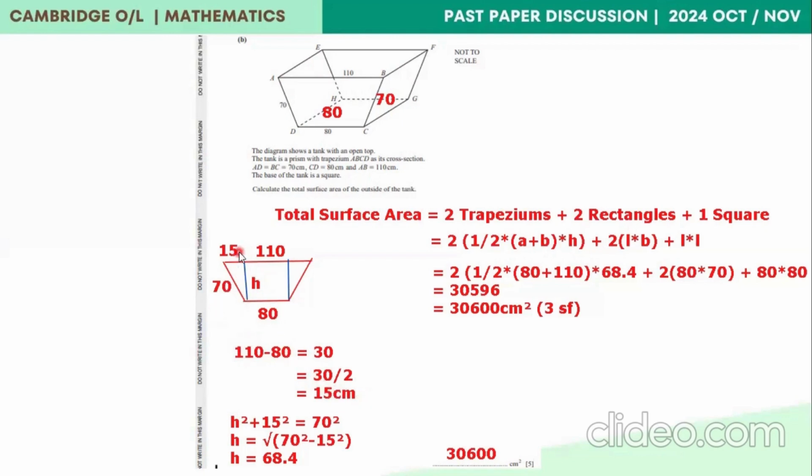Using that, we can find the length of the edge using Pythagoras theorem. As you can see here, 68.4 was the answer. After we substitute it into this equation, we get the answer 30,600. So let's move on to the next question.